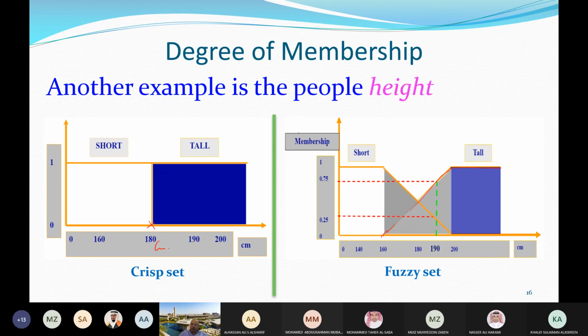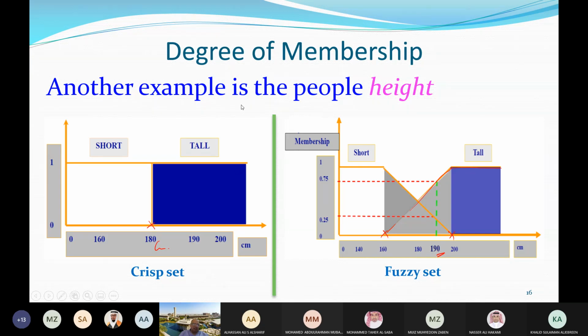So in between 160 and 200, any height, here 190, has a degree of membership of tall equal to 0.75, and a degree of membership for short of 0.25. So you have some graduality in the transition between the values.